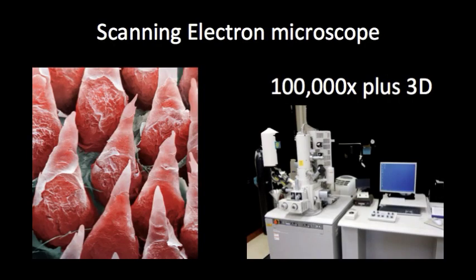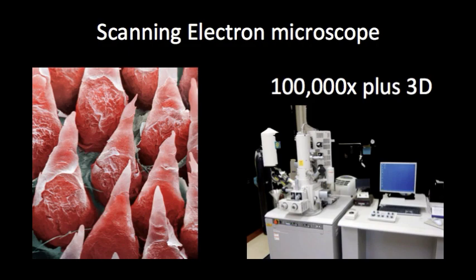Alternatively, this is a scanning electron microscope. What this does is use a beam of electrons that bounce off the surface of tissues, which then gives you something like a drone flight across the surface of tissues. The picture you're looking at on the left here is actually the surface of a tongue, and you can see all the rough or furry projections from that surface, pseudo-coloured in red, from the surface of a human tongue.